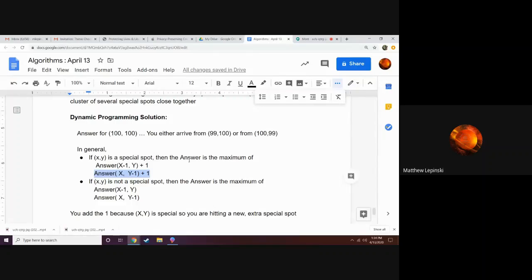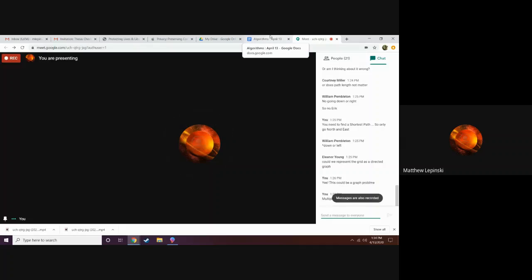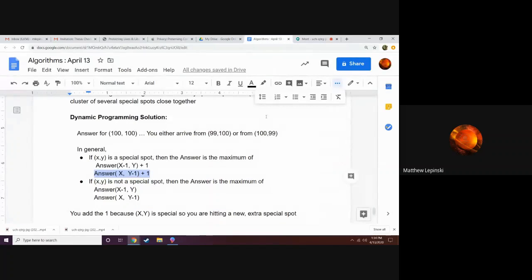Does this make sense? Any questions about this? Okay. So I'm essentially writing down for each square, what is the best way to reach XY? So the best way to reach 100, 100 is going to be the maximum of the best way to reach 99, 100, or the best way to reach 100, 99.